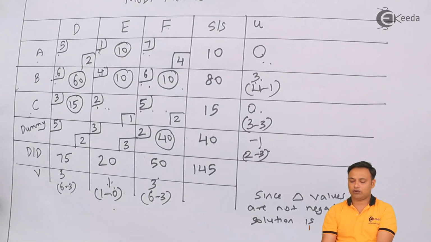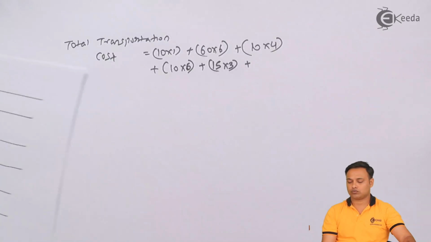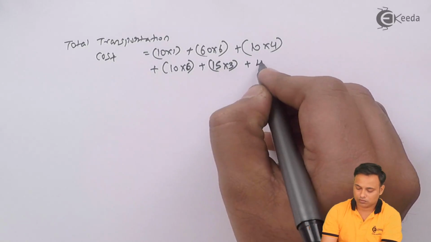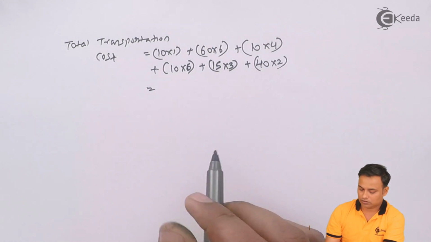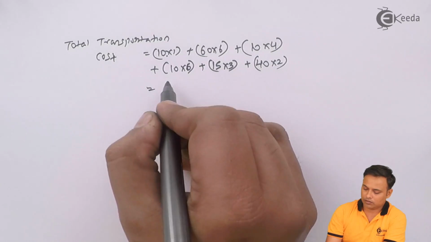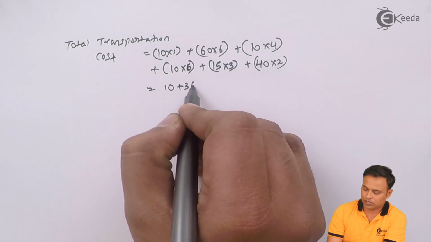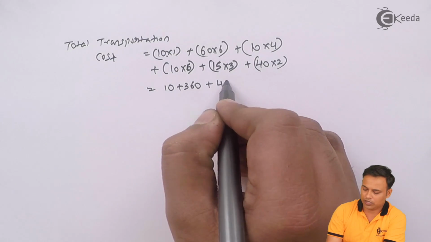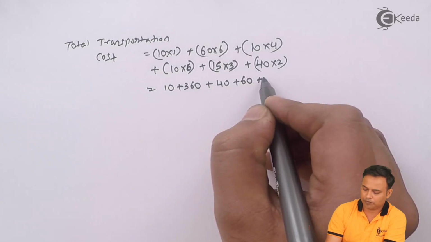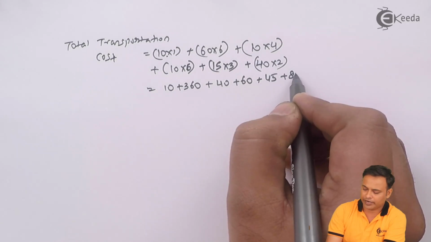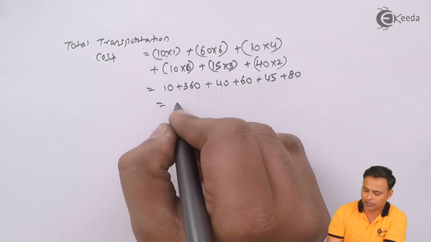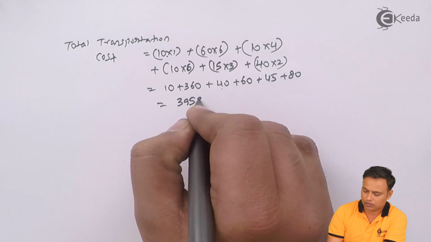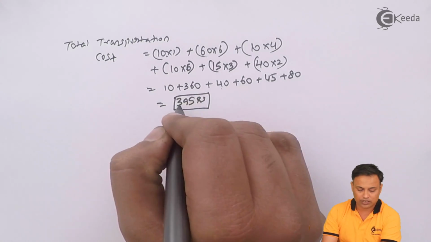And last we have 40 into 2. So it is 10 plus 360 plus 40 plus 60 plus 45 plus 80, which shall be 410, 470, 350 and 395. So here I got the final answer.